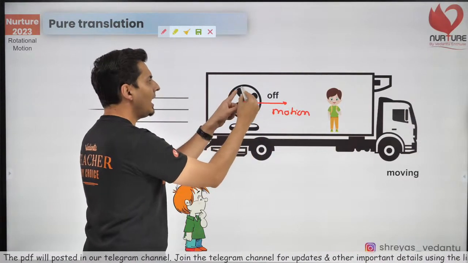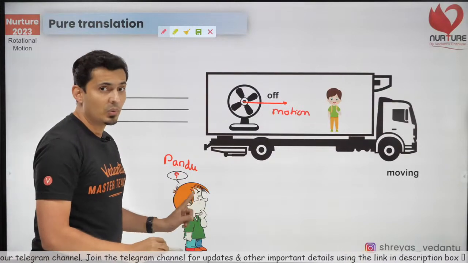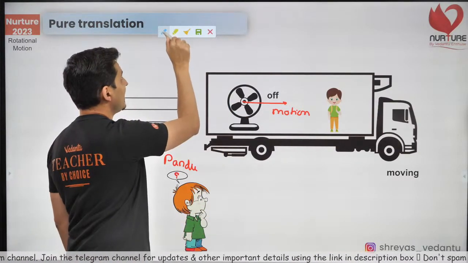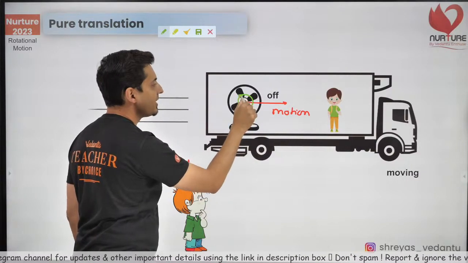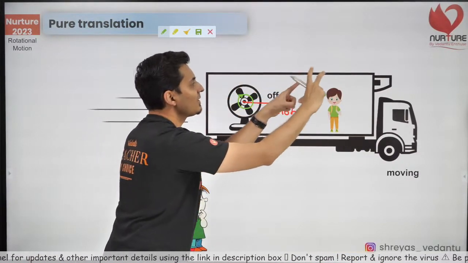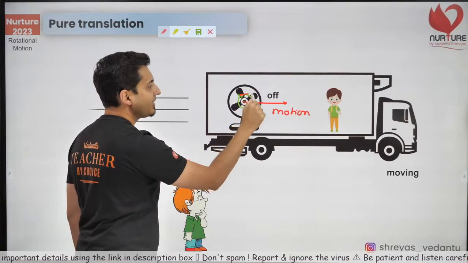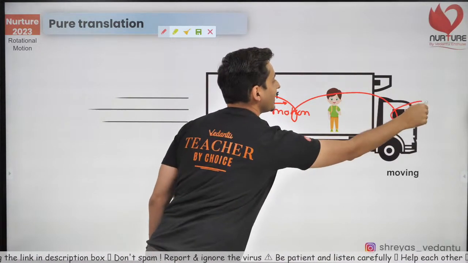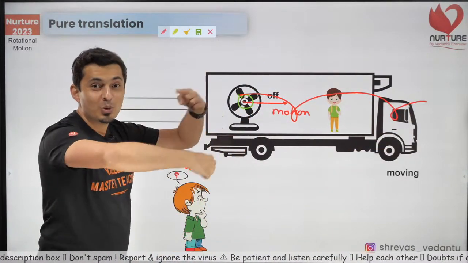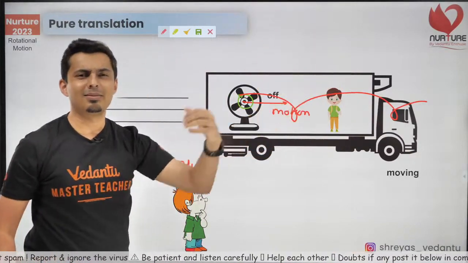Now, if you look at the particles, think about it. For this observer, Pandu, who is outside, please understand the motion of the particles on that fan is not circular. Remember, the fan itself is moving, so the actual motion of any point is something like this. It's moving and it is rotating, so each particle is going in some weird way.